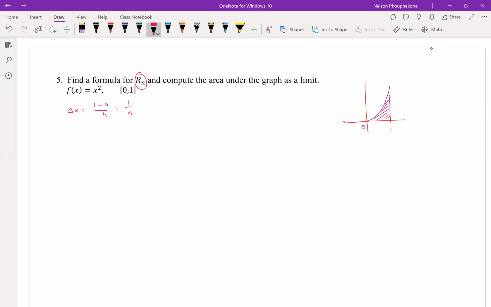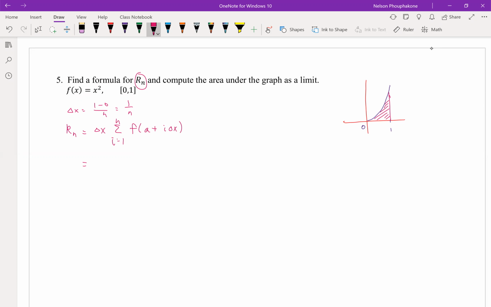And then in this case, I know that R sub n is delta x times the summation i from 1 to n of f of a plus i times delta x.